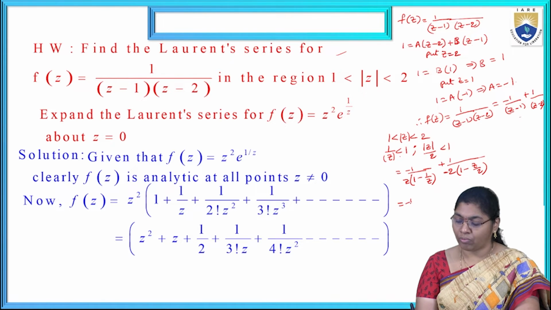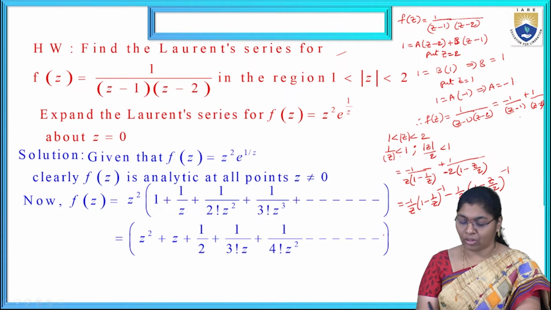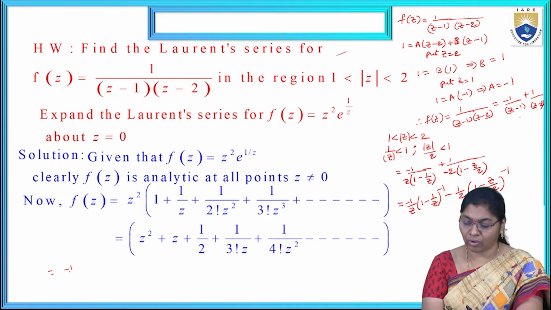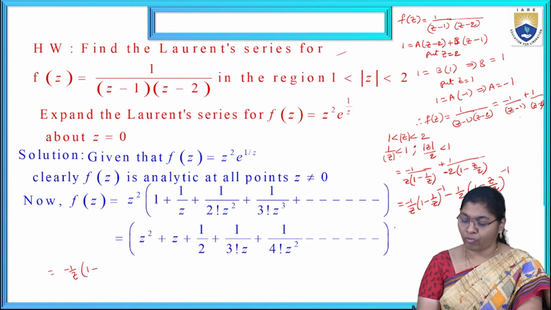Now we have minus 1 by z into (1 minus 1 by z) whole inverse, minus 1 by 2 into (1 minus z by 2) whole inverse. Now the expansion. What is the formula of (1 minus x) whole inverse? That is 1 plus x plus x squared plus x cubed plus x power 4 plus up to so on.